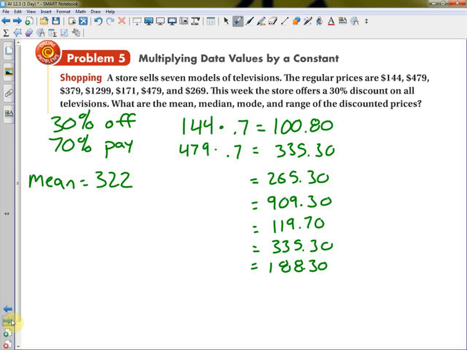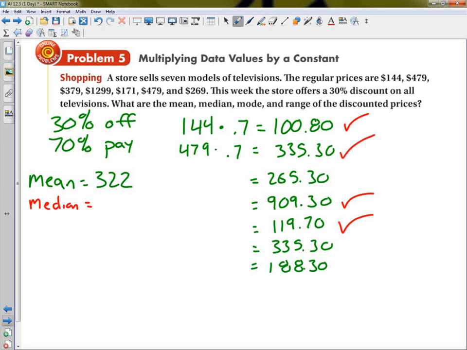The next one is the median. And again, on the median, they're not listed in highest to lowest order. So we're going to do this the longer way. So let's mark off the lowest model, highest model. All right, next lowest is 119.70. Next highest is 335.30.